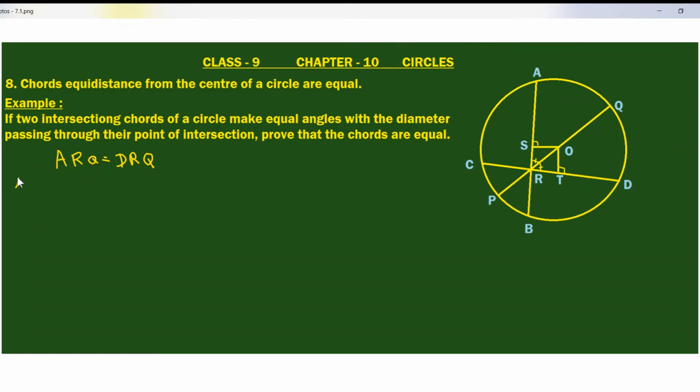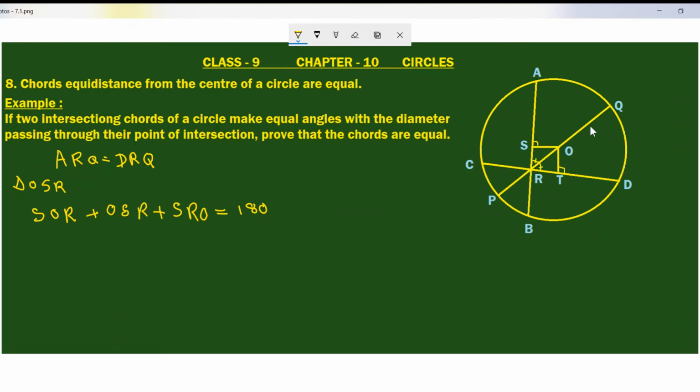In triangle OSR, according to the triangle sum property, I have written SOR plus OSR plus SRO is equivalent to 180 degrees.